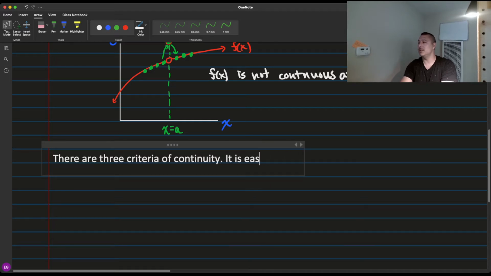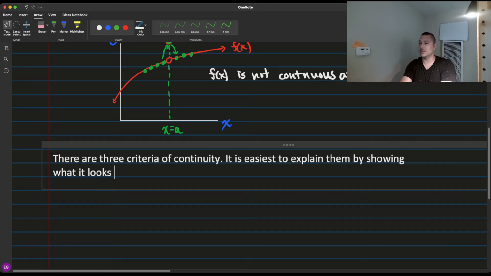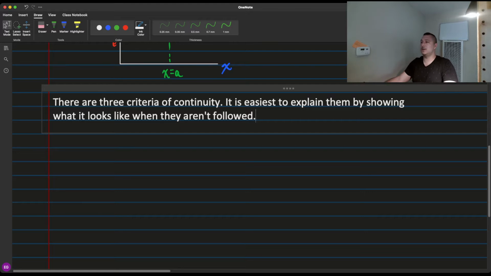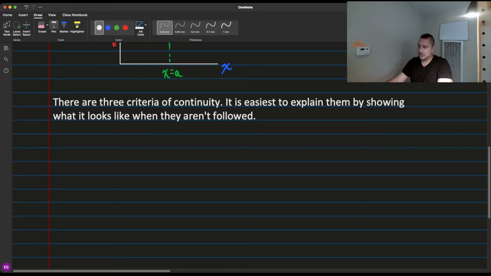It is easiest to explain them by showing what it looks like when they aren't followed. Okay, so we'll talk about the 3 criteria of continuity. 1. First of all, your function has to be defined at a.